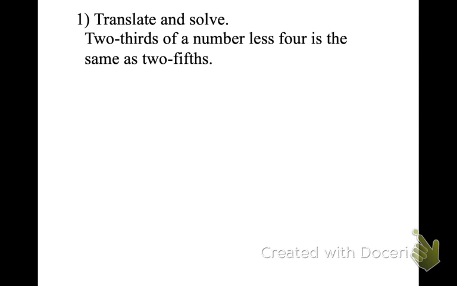So let's say x stands for a number. And I'm going to get 2/3 of means times a number. Less 4, not less than, so we're just writing minus 4, is the same as 2/5.